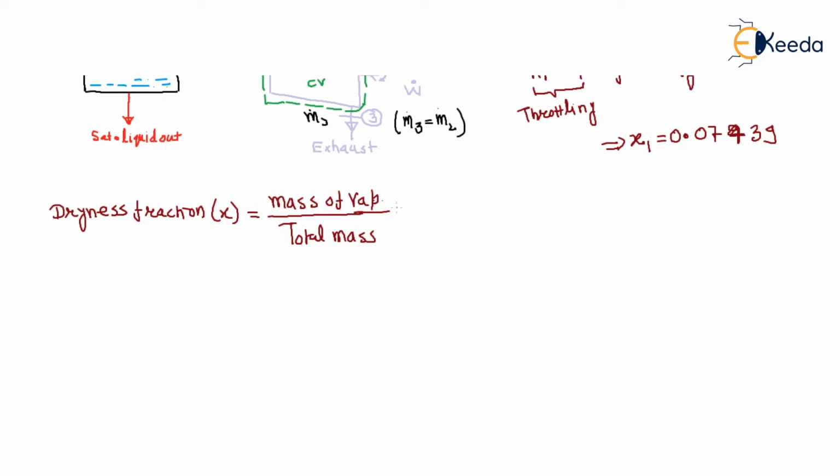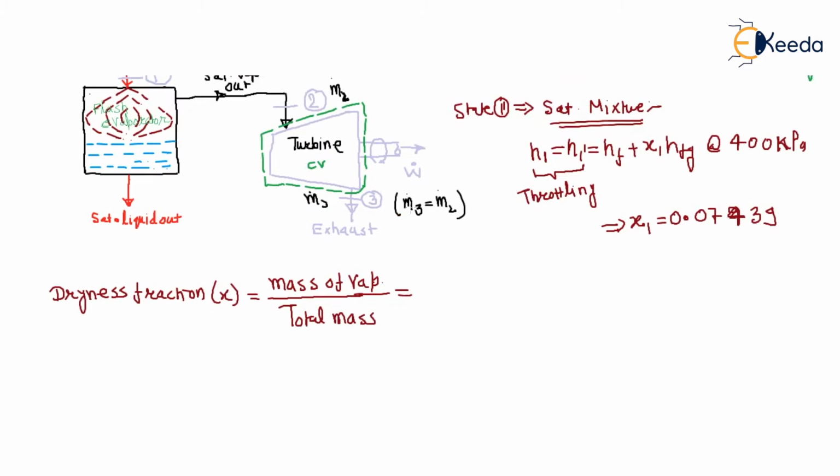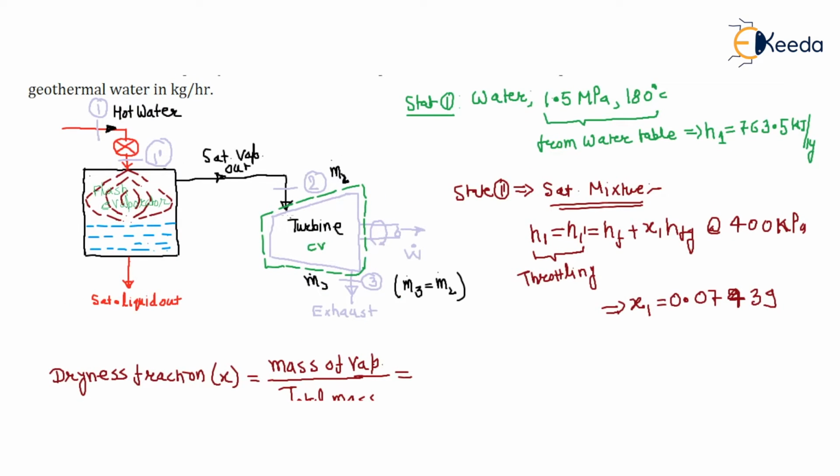The mass of the vapor is m dot 2, and the total mass is m1, the total mass supply.